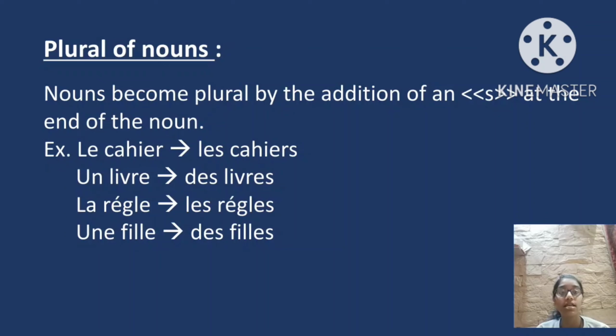If it's un or une in its singular form, then we change it to des. And if it's le, la or l' in its singular form, then we change it to les in plural form.